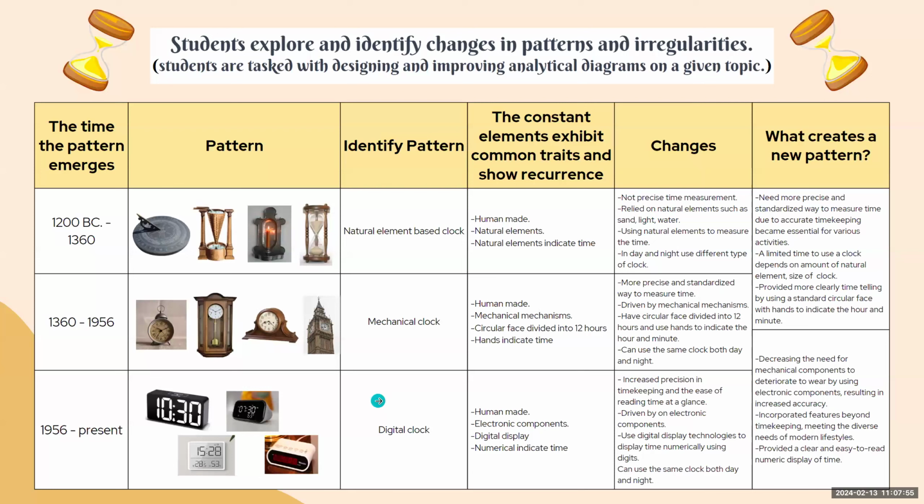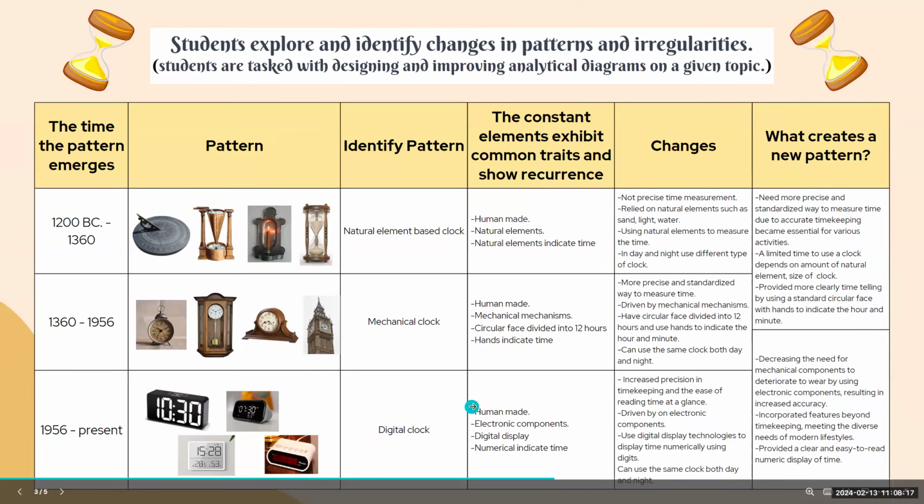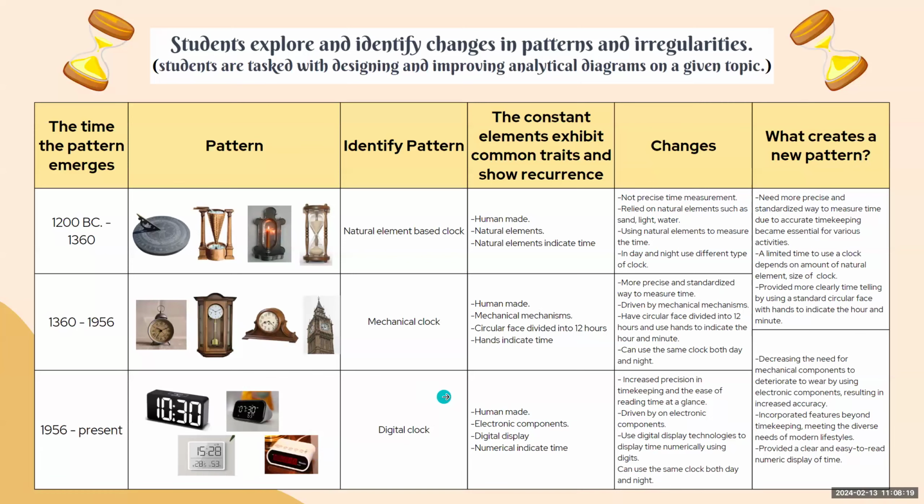I identify the digital clock because it's driven by electronic components and uses digital display technologies to display the digits to be easy to read. And this third pattern has more features than the previous clock and is easier to read than the previous clock.